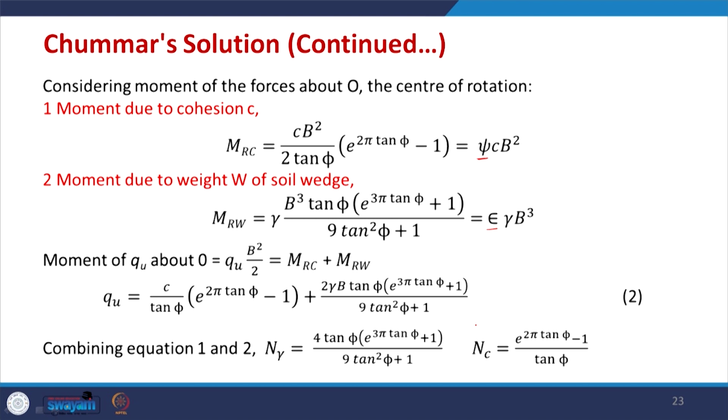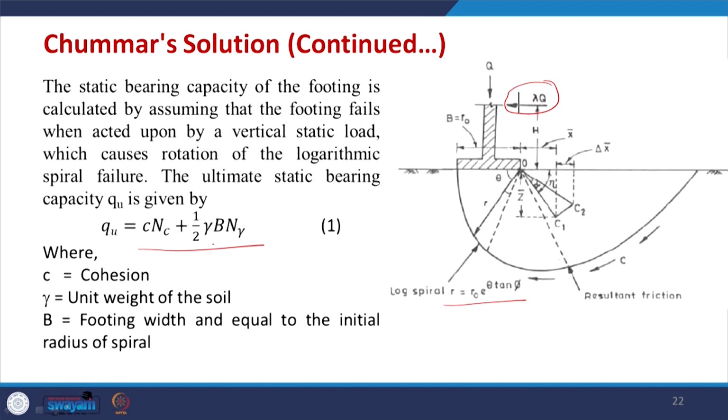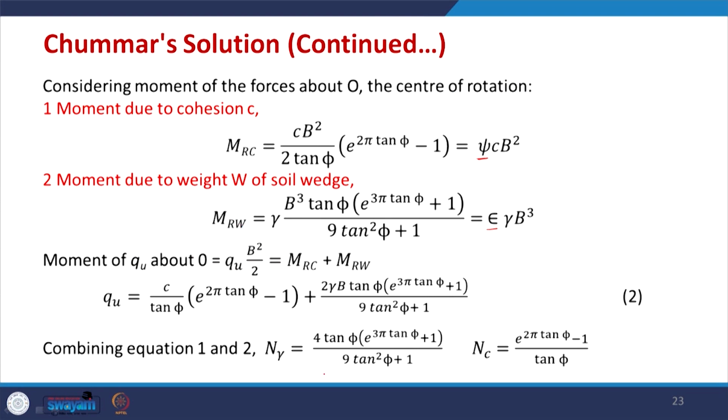Now, the moment of q_u about point O will be q_u B square by 2, and this will be simply M_RC plus M_RW. If we equate both sides, you get q_u from this equation. If we compare this equation with equation number 1, which is C N_c plus 0.5 gamma B N_gamma, then you can get the values of N_c and N_gamma.